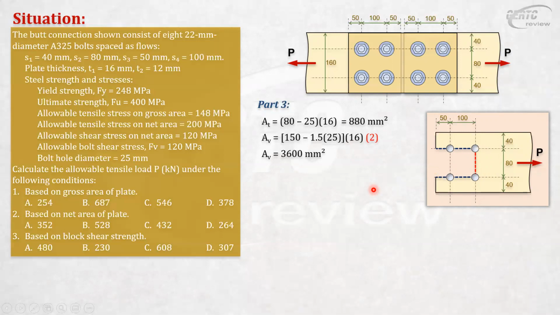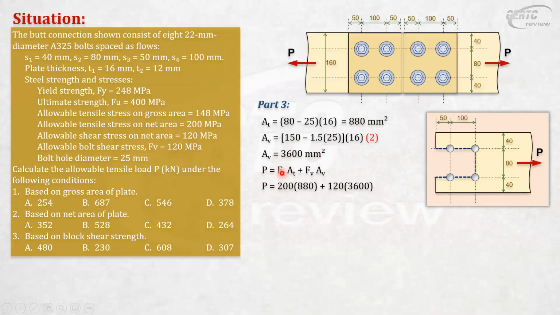So finally, the value of P equals the allowable tensile stress, 200 on net area, times the tension area, plus the allowable shearing stress, which is 120, times the shear area of 3,600.